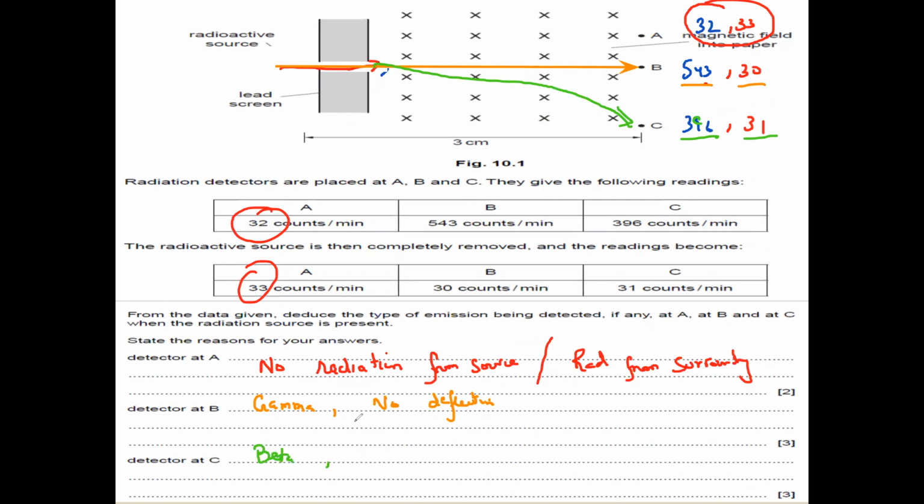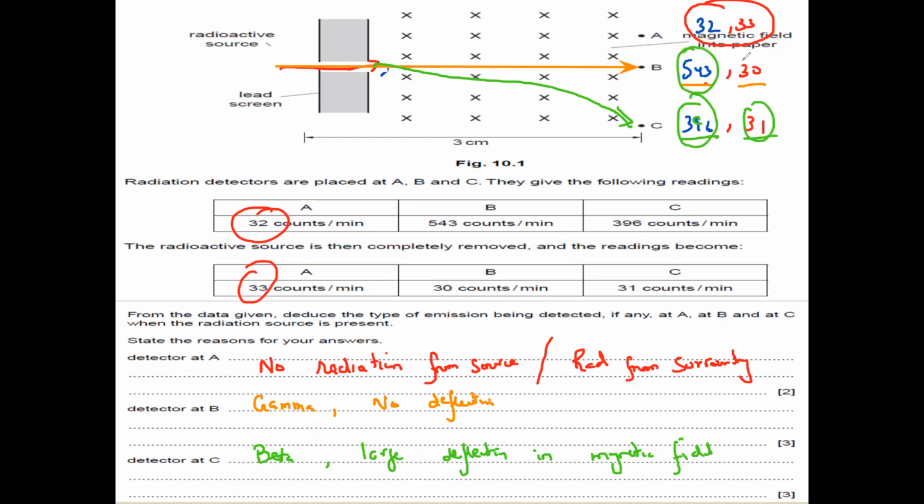And why is it beta radiation? Because this shows a large deflection in the magnetic field, and there is a change in the counts with and without the source. Here with source it was 396, without source 31.